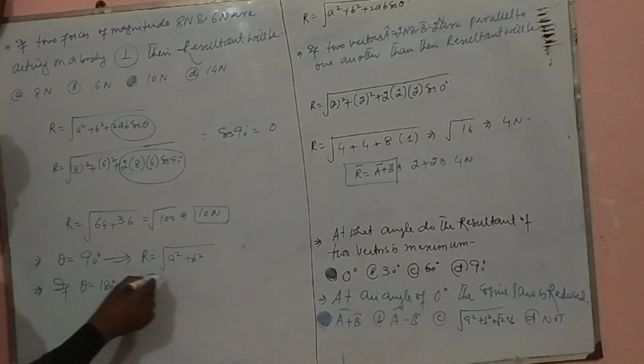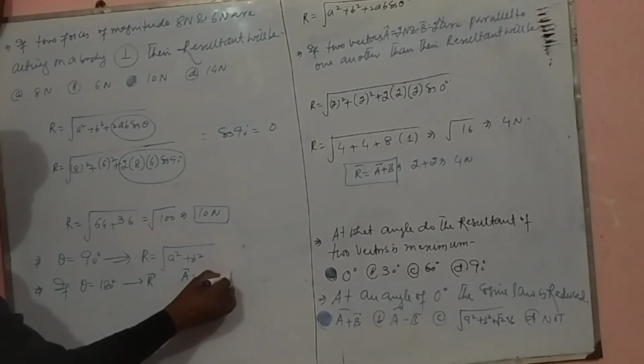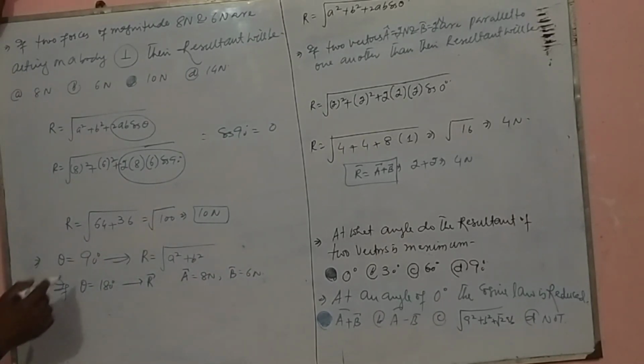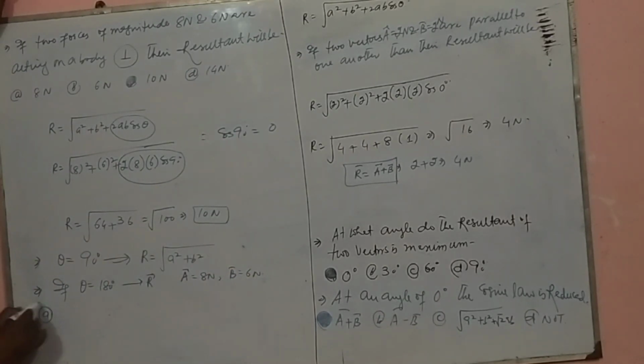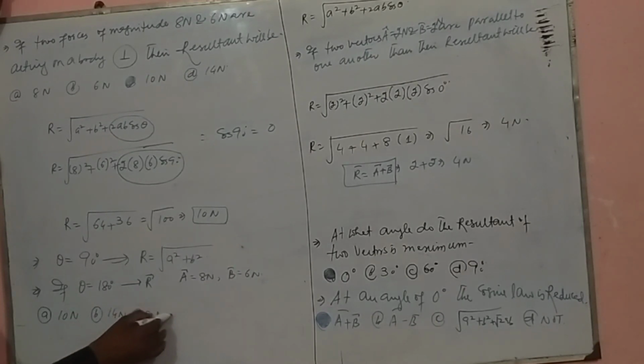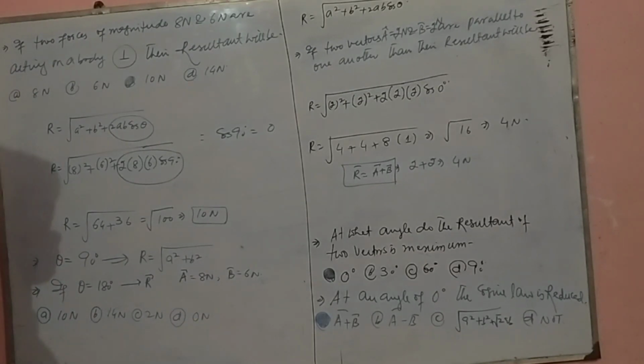We are taking the same vectors, A is equal to 8 Newton and B is equal to 6 Newton. Then what will be the resultant? The options are, let's say, 10 Newton, 14 Newton, 2 Newton, or option D 0 Newton. What will be the correct answer?